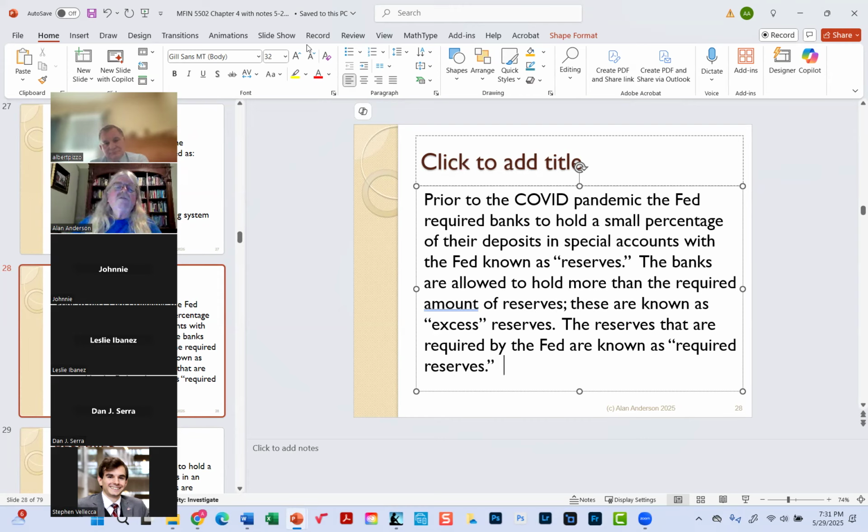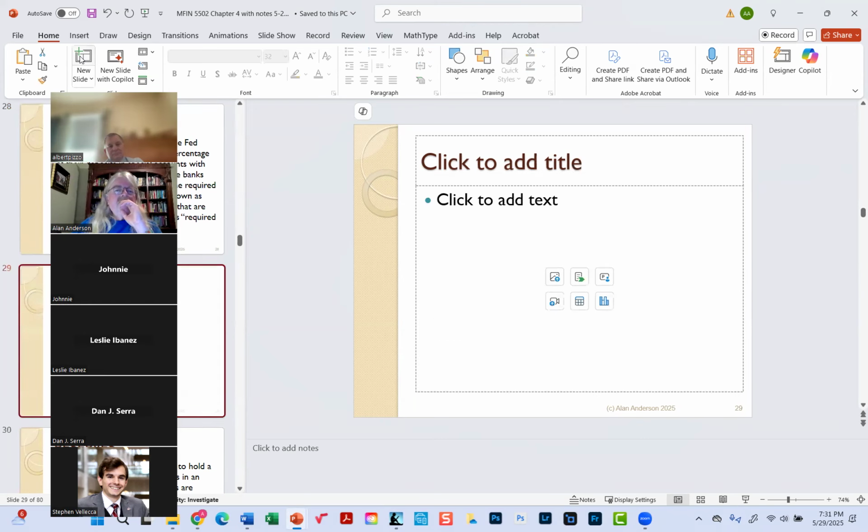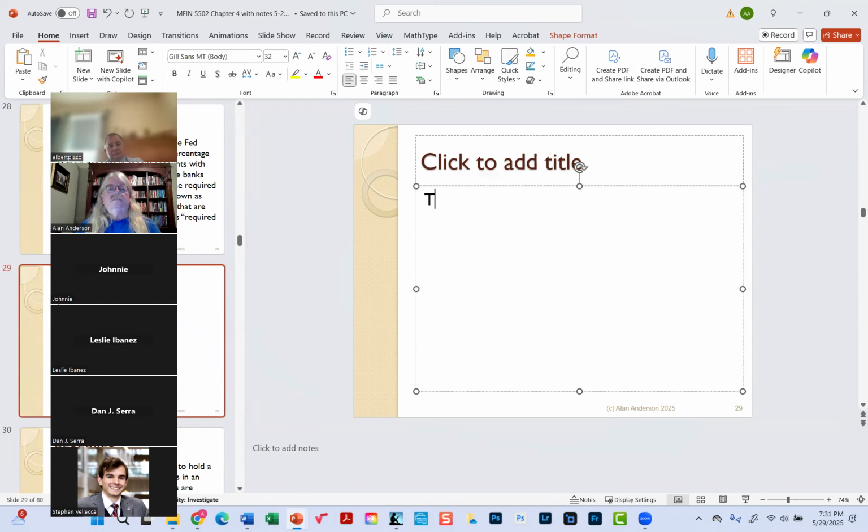So here's what's actually happening with monetary policy, or one of the main ways in which monetary policy is carried out: the Fed can encourage lending by the banks by buying treasury securities from the banks.